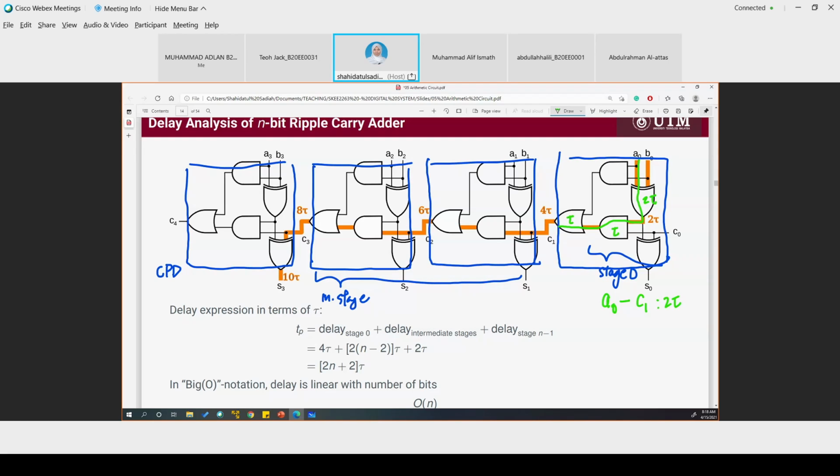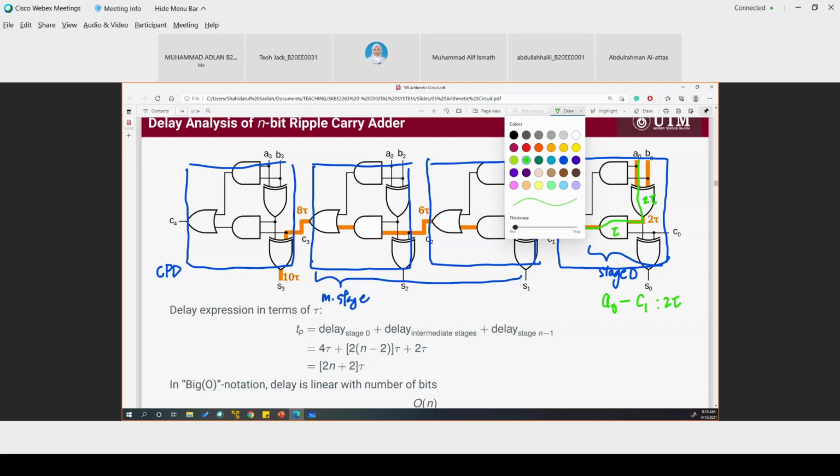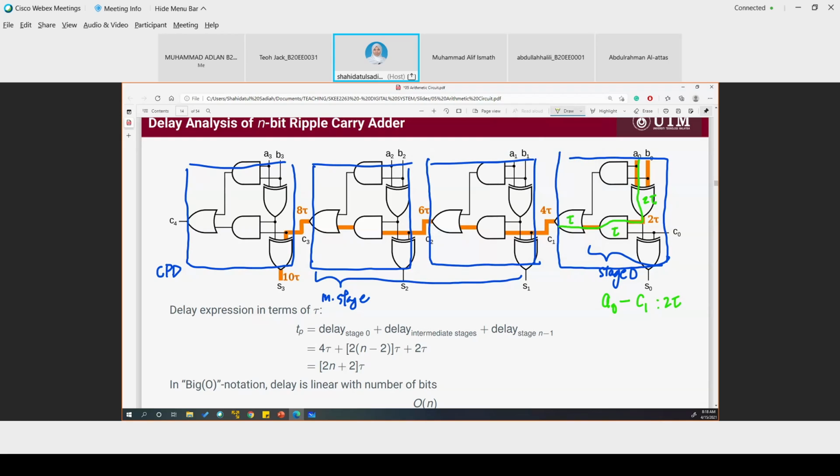And then the second stage, another color, is the intermediate stage, which is continuing from where we left off on the first stage, going into an AND, which is a tau.